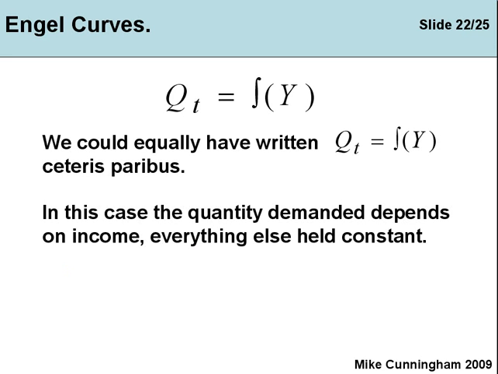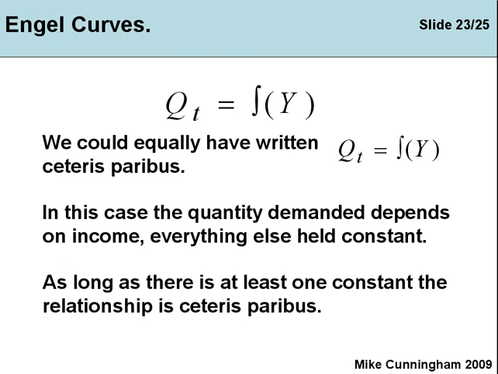In this case, the quantity demanded depends on income, everything else being constant. So we're ignoring the price of the good, the price of related goods, the government and taxation and subsidies. We're ignoring all of those. As long as we've held at least one item constant, the relationship is ceteris paribus. That's worth stating.